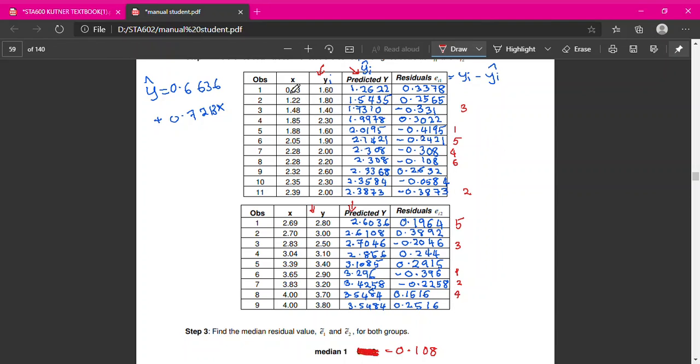So kat sini, if the observation is 11, so dia punya median will be the 6 observation, right? 6 residual. Okay, residual yang ke-6. So just tengok one by one. So yang ke-6 will be negative 0.108.